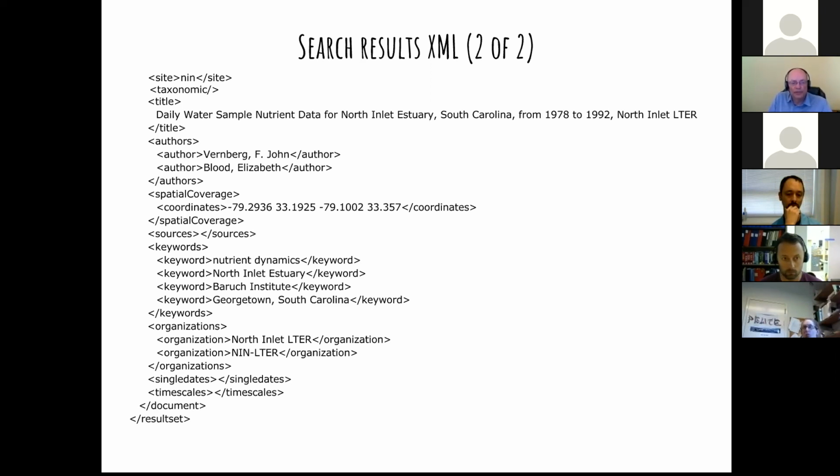For example, when displaying search results for an end user, you might want to include the title, abstract, authors, and keywords, and perhaps the DOI or the package ID. So those are the fields your script or program would need to parse from this XML. In the last two lines of the XML, we see the closing tags for the single document that was matched, and then for the entire result set element.